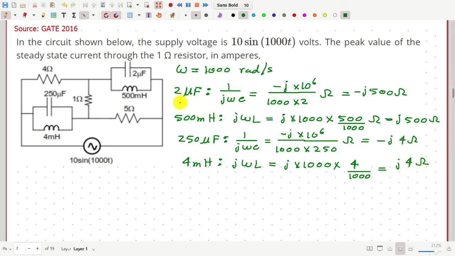Okay, now next notice that the parallel combination of these two branches, which is minus j4 and plus j4, is equivalent to minus j4 into plus j4 divided by minus j4 plus j4, which is equal to infinity.